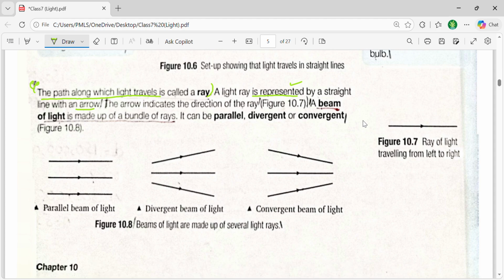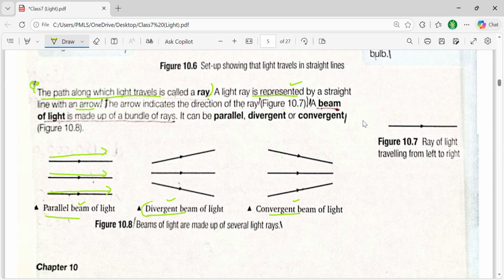There are certain forms of light that can originate from a light source. These are parallel beams, divergent beams, and convergent beams. They can ask you to identify the light coming from a different source. When the rays are parallel to each other, these are parallel beams of light, as you can see.